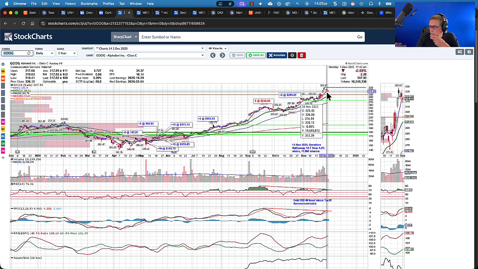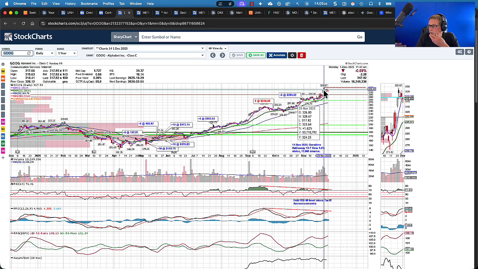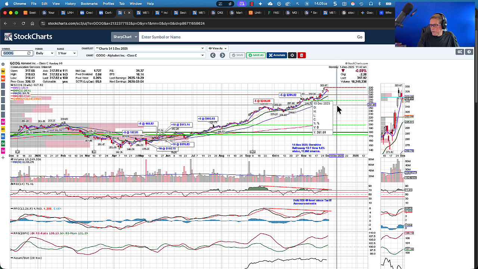It still has an upward sloping 5-day, an upward sloping 21-day, an upward sloping 50-day, and a 200. But it did hit this value of the intrinsic value level, and has been trading lower the last 3 days.